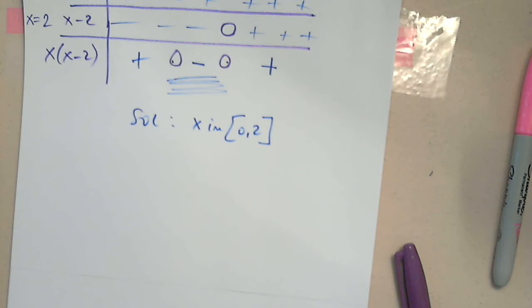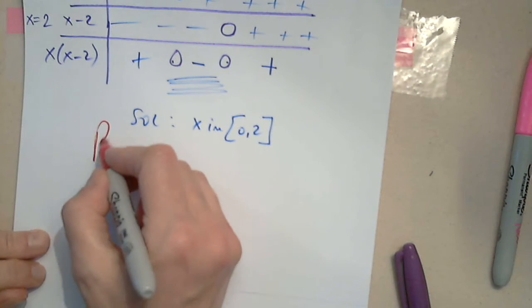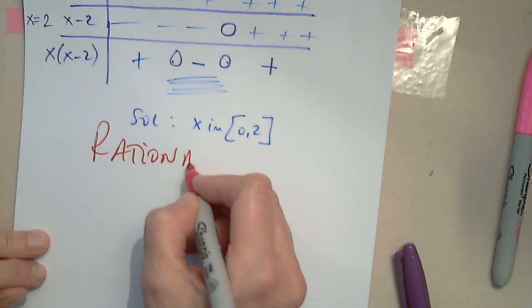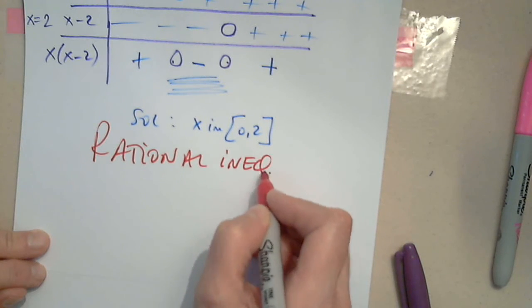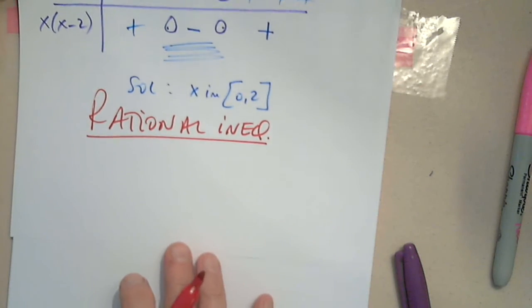In the identical way, before we look at problems in the book, let's solve a rational inequality. This is the last topic for test 2.